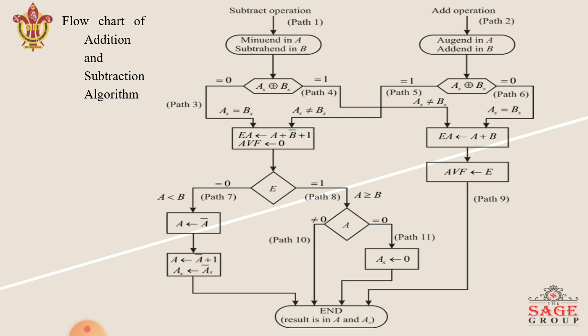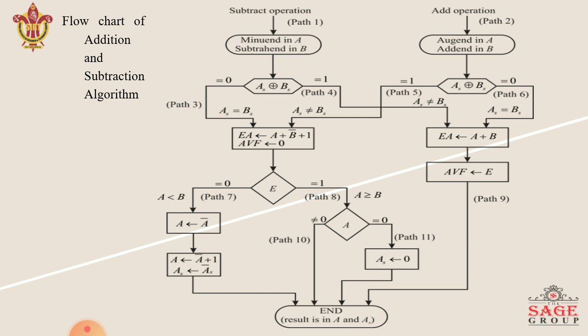Now if we do A plus B bar plus 1, after that in the same condition AVF goes to 0. AVF means overflow. This simply means that if we get the value of the carry bit or extra bit as 1, then we don't count this in the further algorithm.